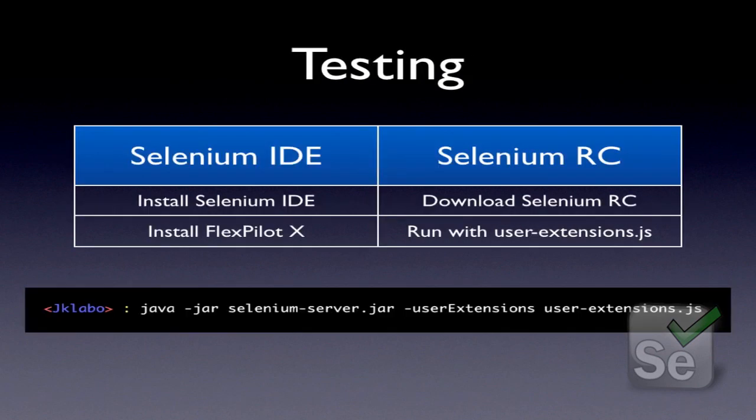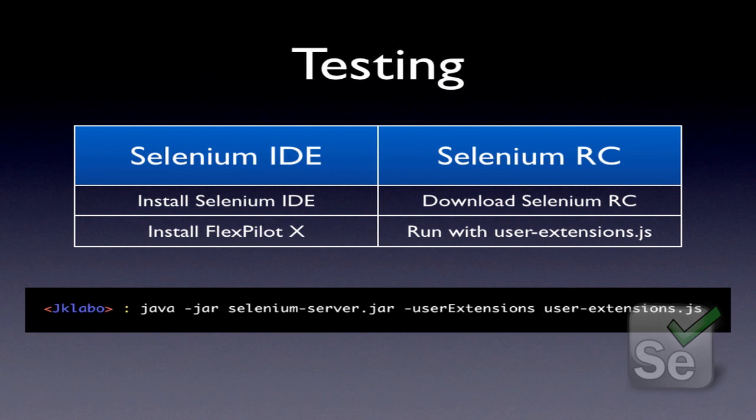Okay, so once you've got that set up, there's two ways to test it. You can use the IDE, which requires you to download the Selenium IDE, and then the Flexpilot X add-on. Once you've done that in Firefox, you can use the IDE to test your apps and record tests and export tests and things like that.